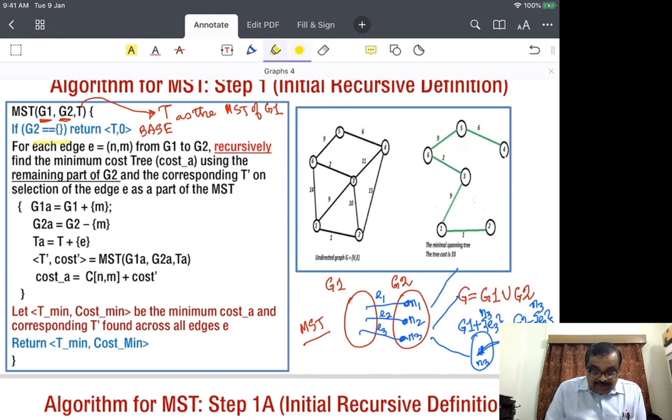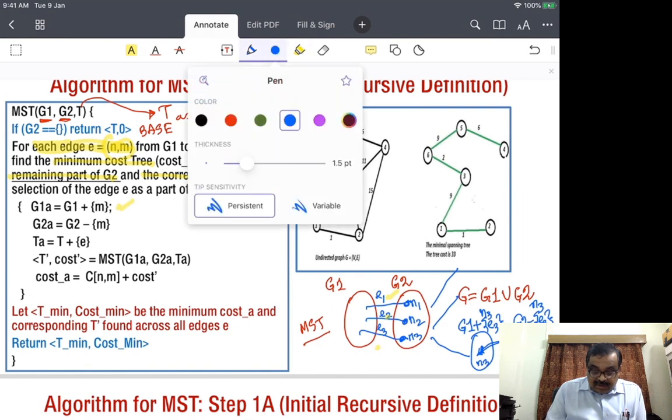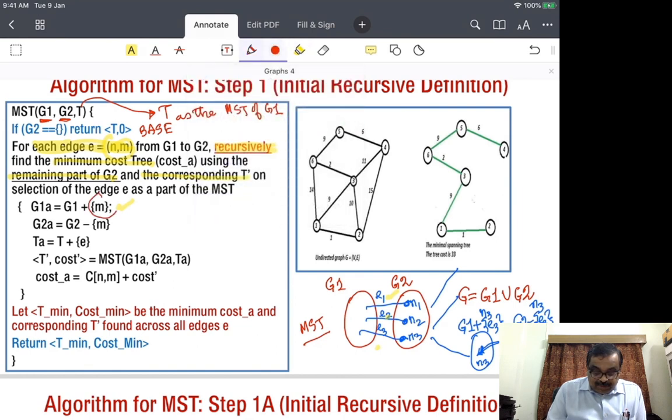So what we do is, for each edge E from G1 to G2, as we have seen here, recursively find the minimum cost tree cost A using the remaining part of G2 and the corresponding tree T. So as we have just said, if the edge E is NM, then we add M to G1.